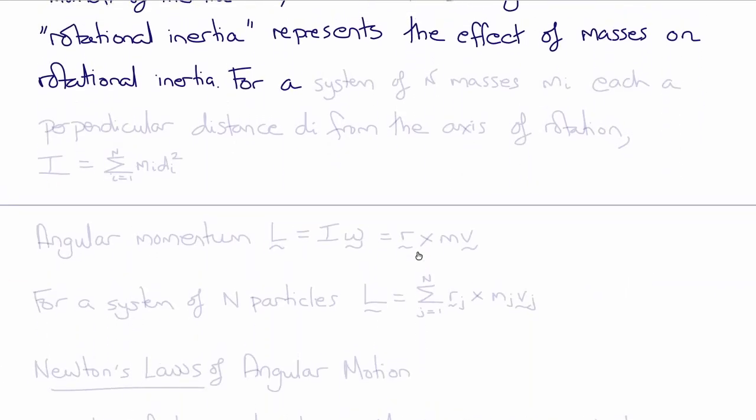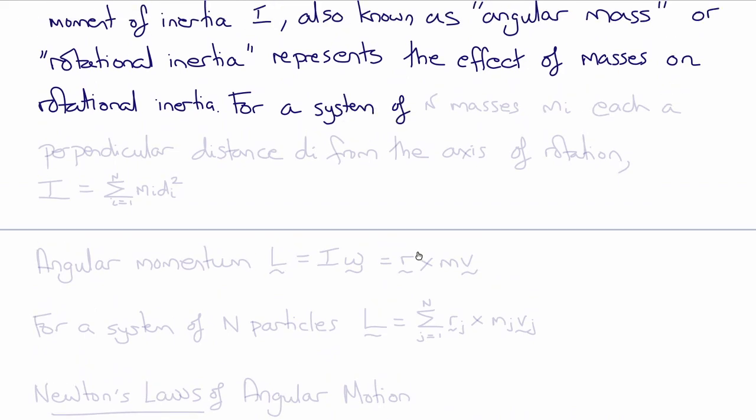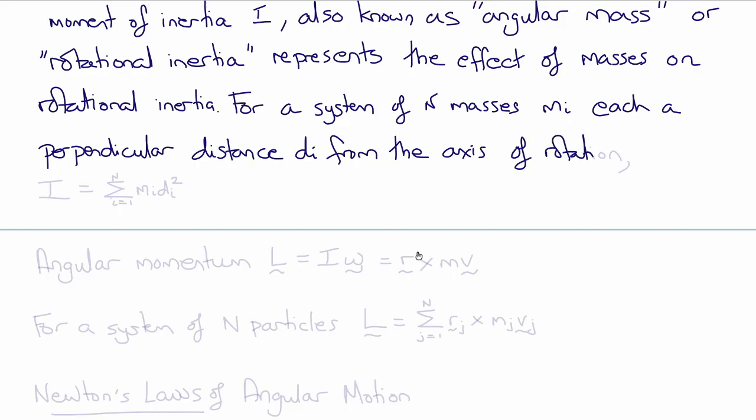For a system of n masses, each labeled mi, with i equals 1 through n, each with a perpendicular distance di from the axis of rotation of the system of masses, the moment of inertia I is the sum from i equals 1 to n of mi times di squared.